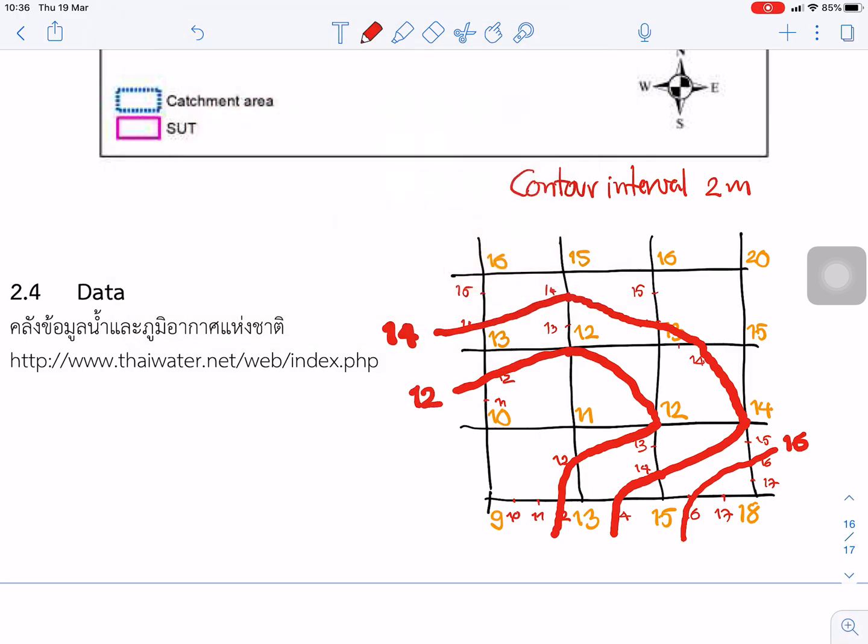Okay, the 12, and the next is for the 10. Is there another 16 line somewhere here? Okay, that is how to draw the contour line based on a contour interval of 2 meters. I hope this gives you some idea of how to draw contours by interpolation from the spot elevations.